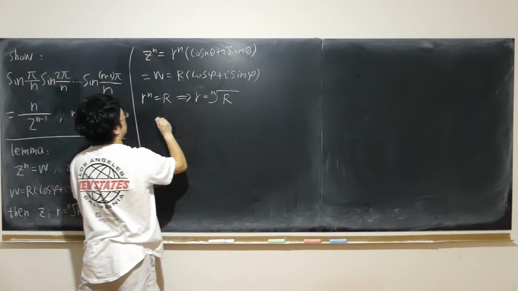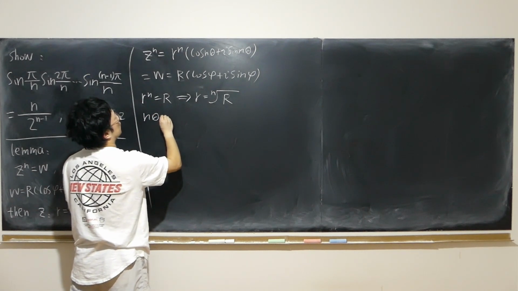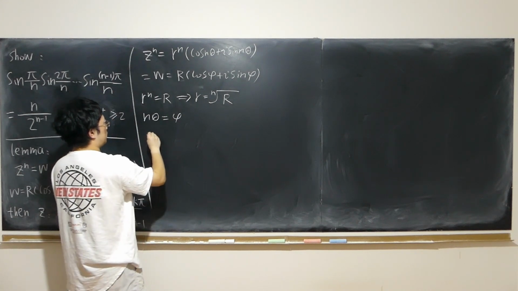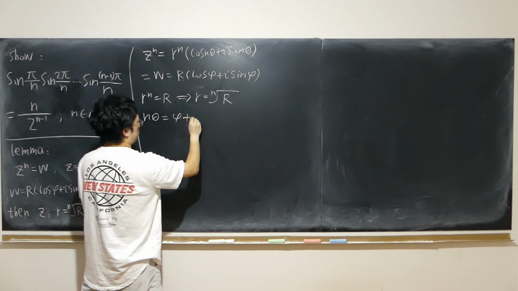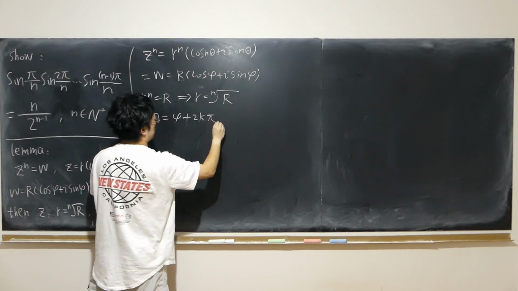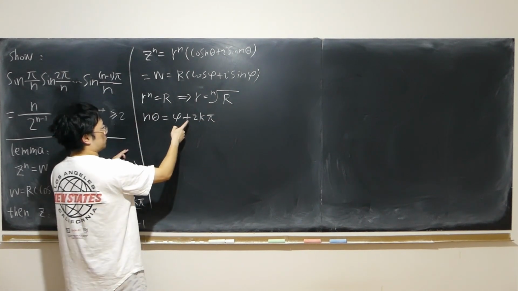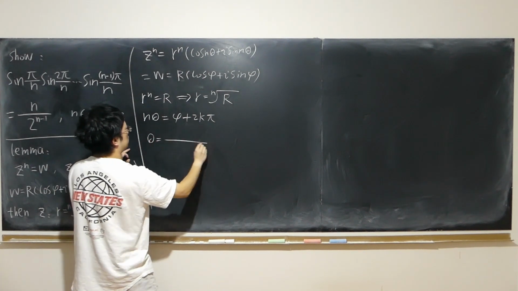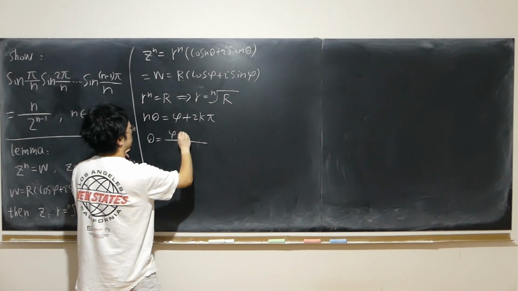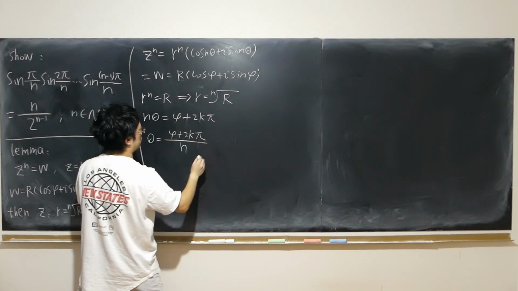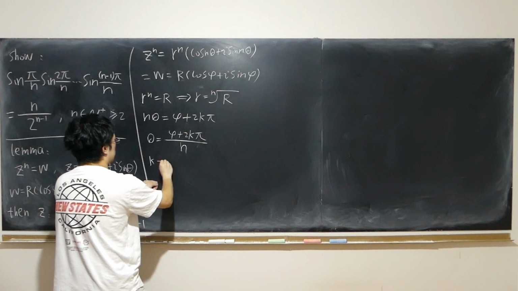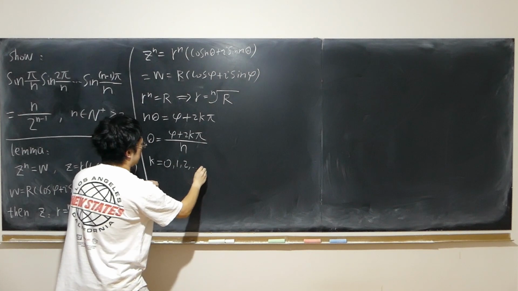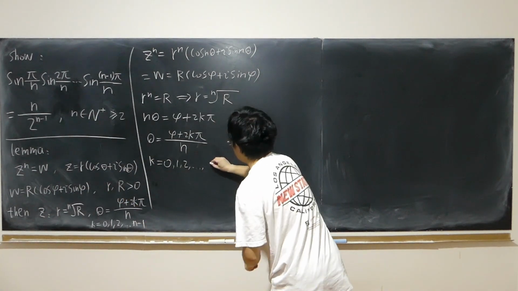So n theta should equal exactly this angle phi, but not just phi, but phi plus 2k pi, where k is any integer. That way, theta is one over n times phi plus 2k pi. Of course, k can only go from 0, 1, 2, all the way up to n minus 1.